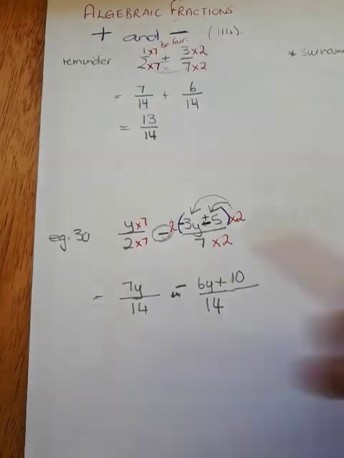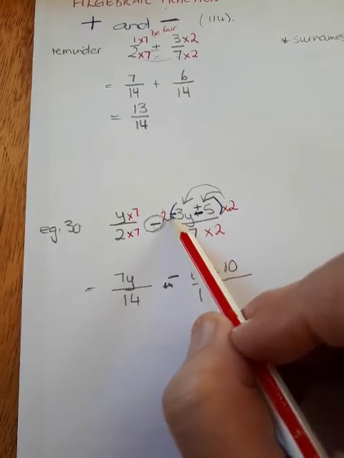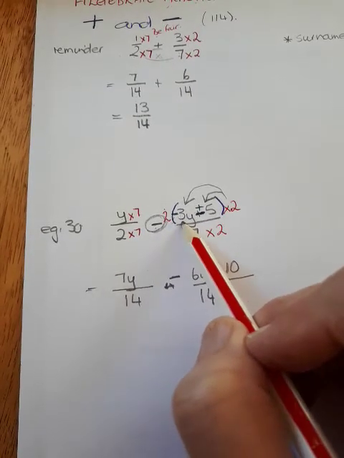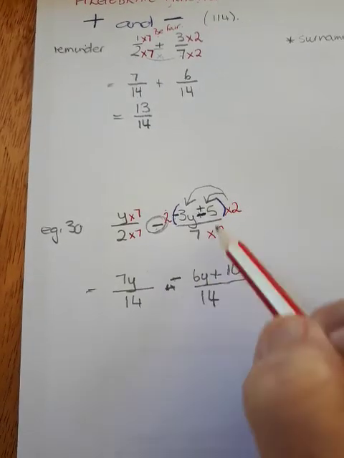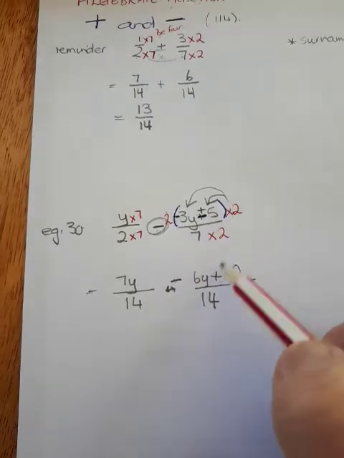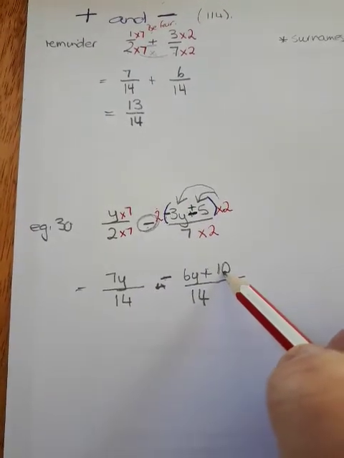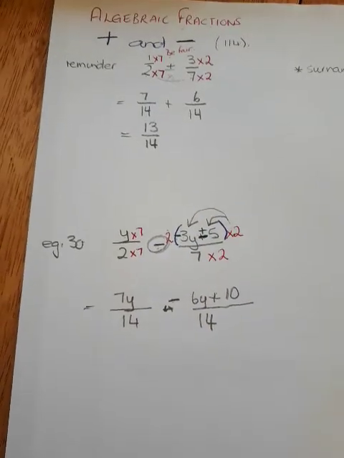All right? That is if I have the 2 in front. If I change the signs, this one is negative 3y times 2, still gives me negative 6y. And then that one I change to positive. Positive 5 times 2 still gives me positive 10. So which way around makes no difference, okay?